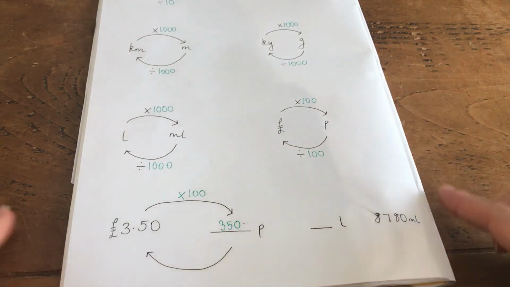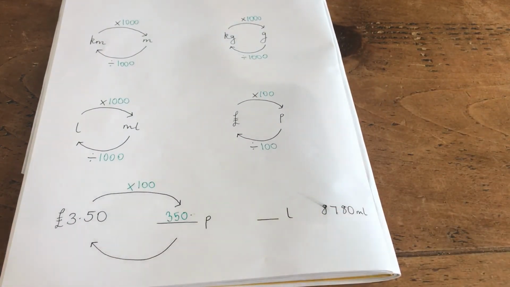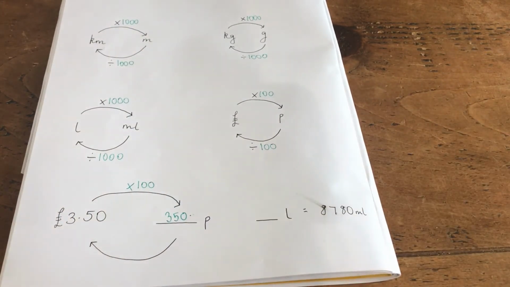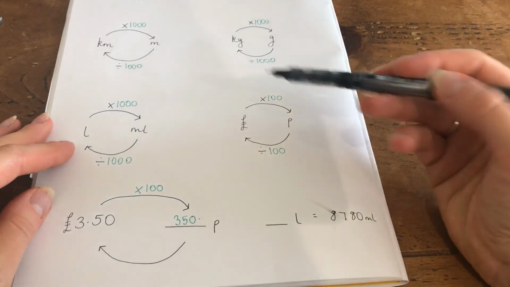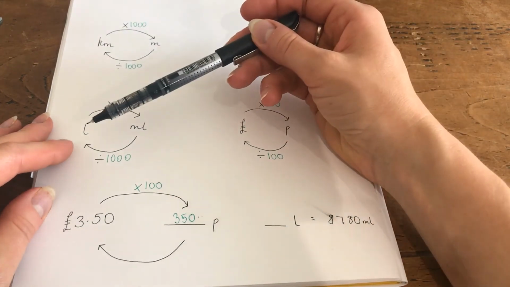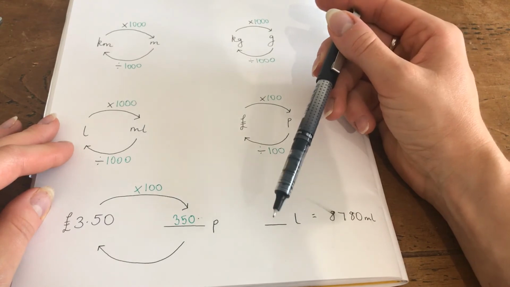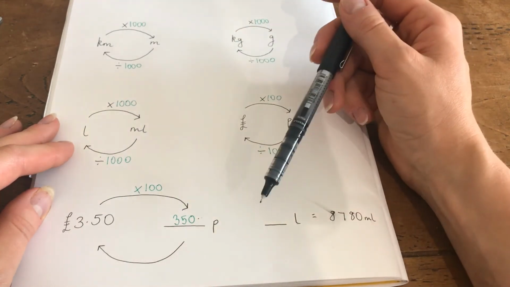Okay, let's have a look at this one. I've smudged it a little bit there. How many litres equals 8,780 millilitres? So where's our millilitre one? Oh, it's just here. We've got litres, millilitres. We can't start with the litres and go over the top like we did for the last one because we don't know the litres.